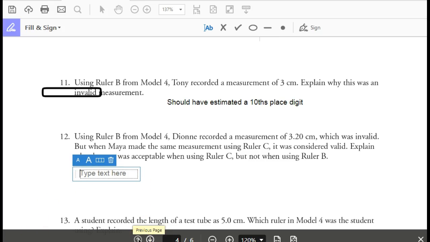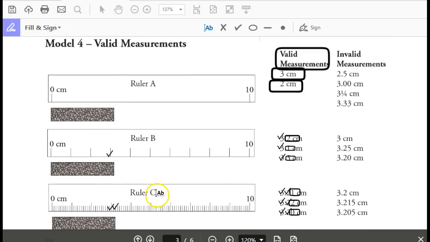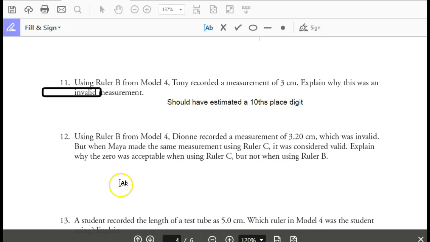So Dion recorded 3.20 centimeters. And if we look at ruler B, we only have valid digits up to the 1's place. So Dion can't make a valid measurement that way. She's estimated up to the 100th place, and she only has validity up to the 1's place.